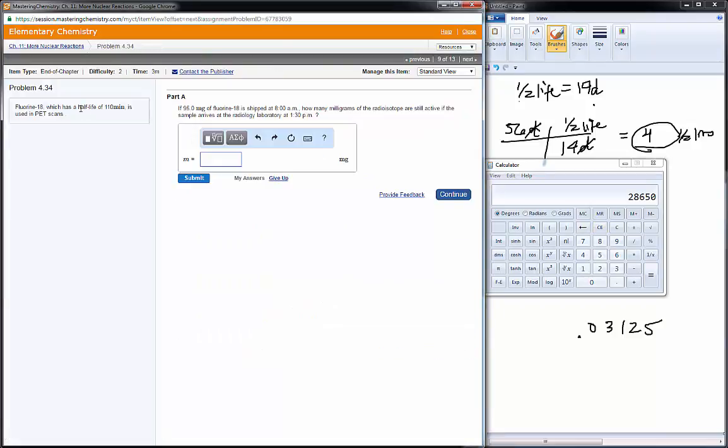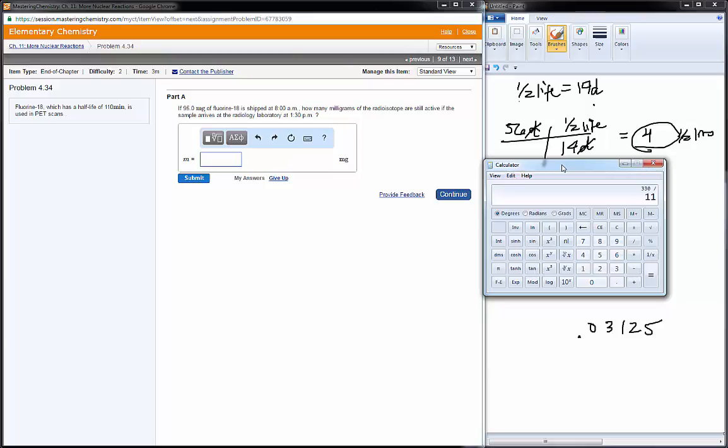Now fluorine-18 has a half-life of 110 minutes. And if they shipped it at 8 a.m., they want to know how much is left at 1:30. So first we have to calculate how much time that is. From 8 a.m. to 9 a.m., 10, 11, 12, 1 p.m., that's 5 hours, plus another 30 minutes. So 5 hours times 60 minutes, plus another 30 minutes, that's 330 minutes have passed.